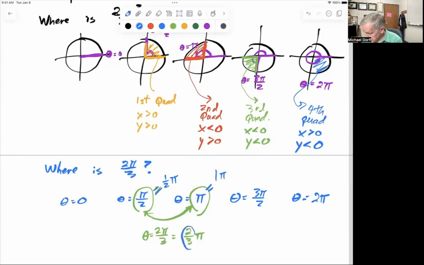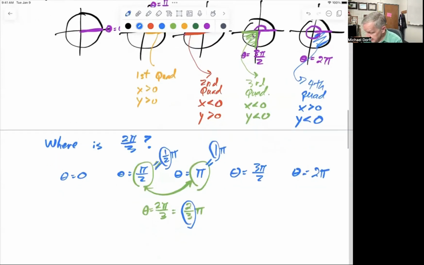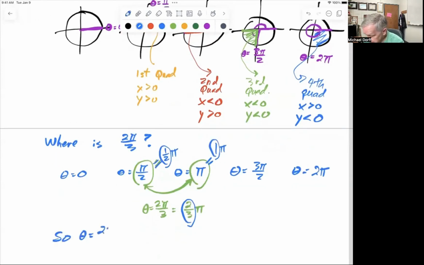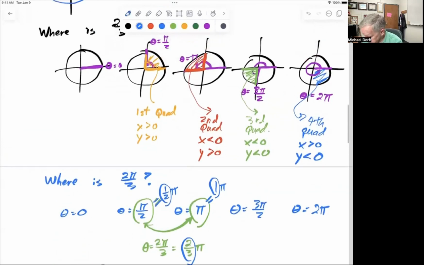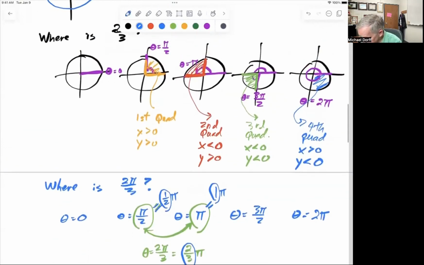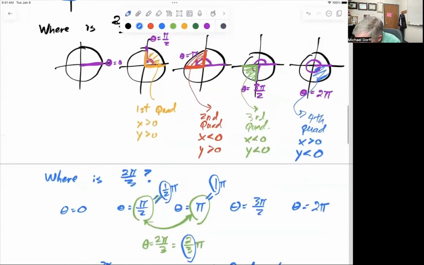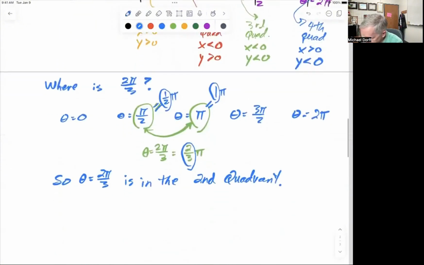So 2/3 is between 1/2 and 1. That means theta equals 2 pi over 3 is in which quadrant? Well, it's going to be in the second quadrant. That's this part right here. There x is going to be less than 0 and y is going to be greater than 0.